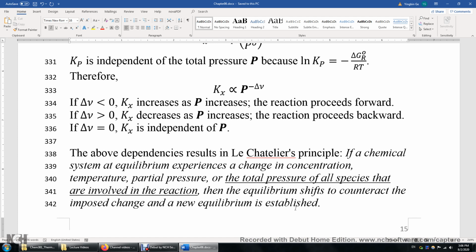Because if you have more gas, more argon in the container. However, the total pressure of the chemicals that are involved in the reaction remains unchanged. So the total pressure of CO, O2, and CO2 remains unchanged. And in this case, the introduction of argon has no impact to the chemical equilibrium.